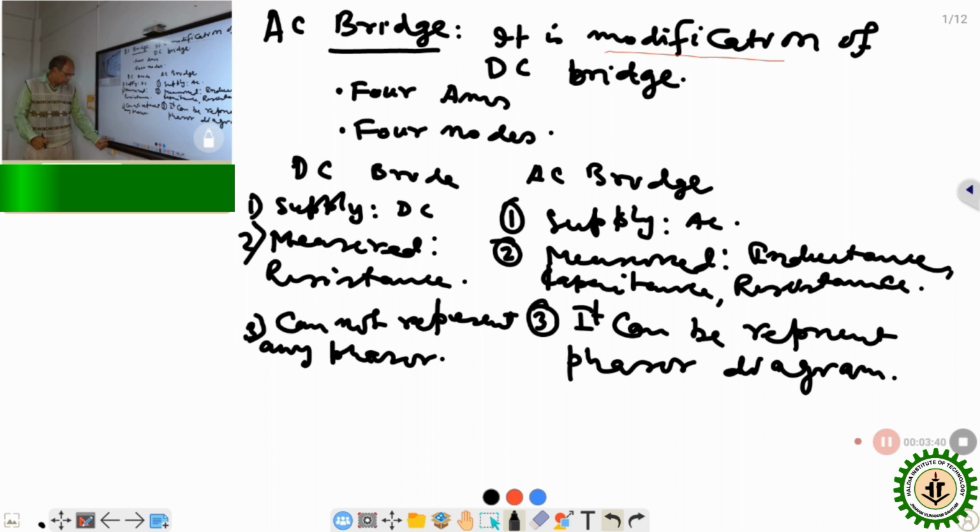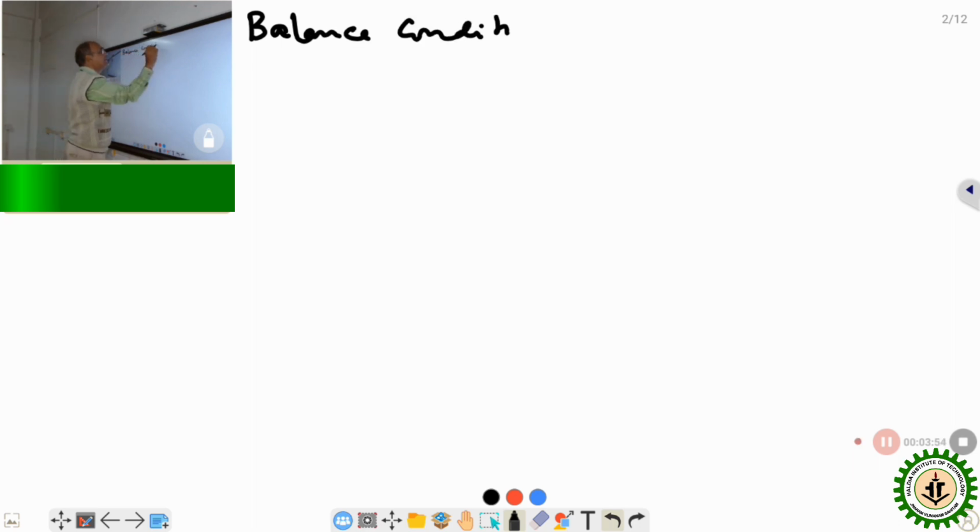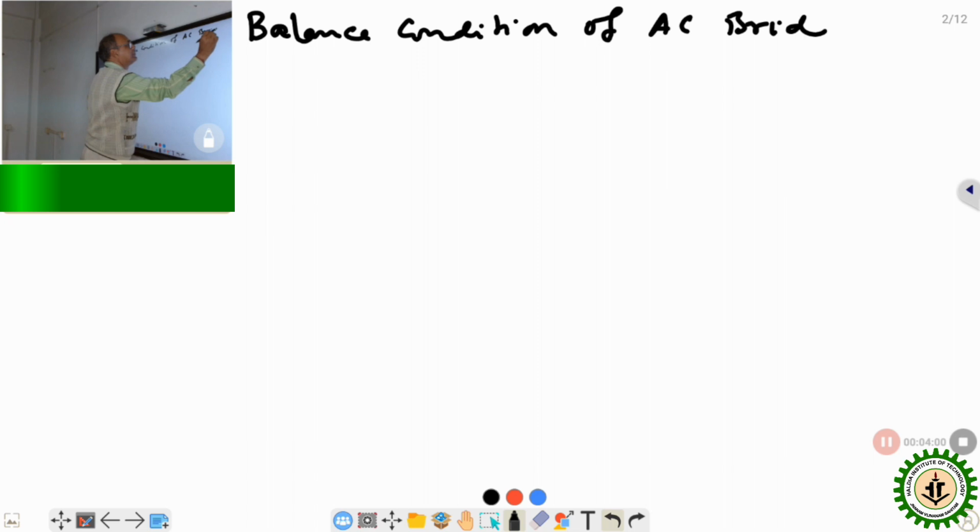Now we'll give the balance condition of AC bridge. What is written here?